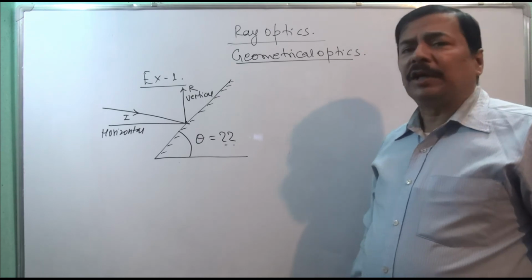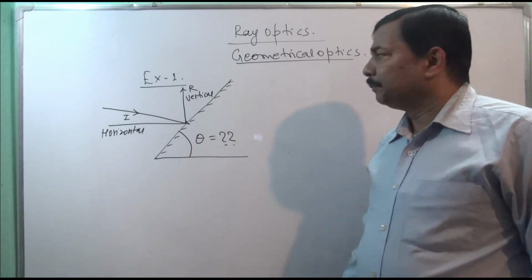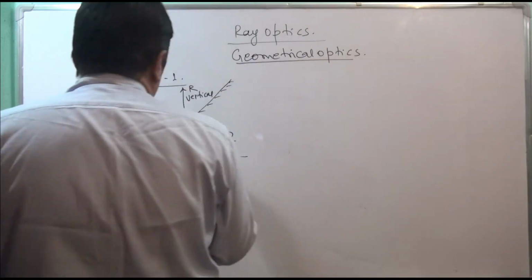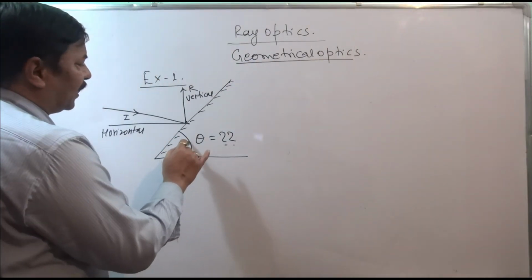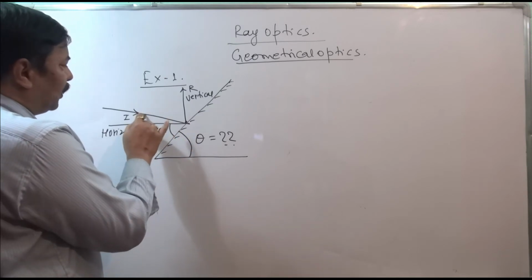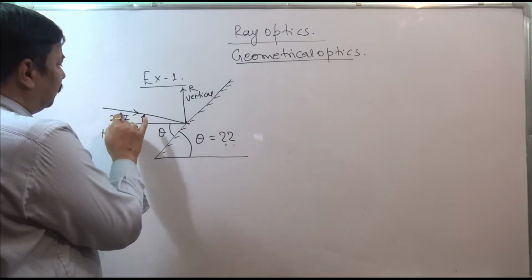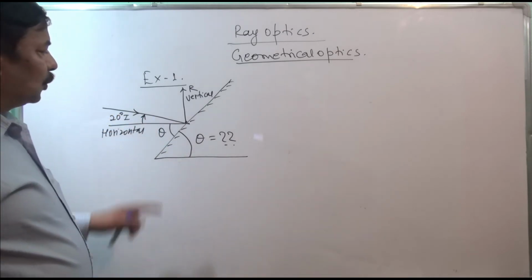So in this question, see, if this is horizontal and this angle is theta, then this angle is also theta. One more thing is given: this angle is, suppose, 20 degrees.